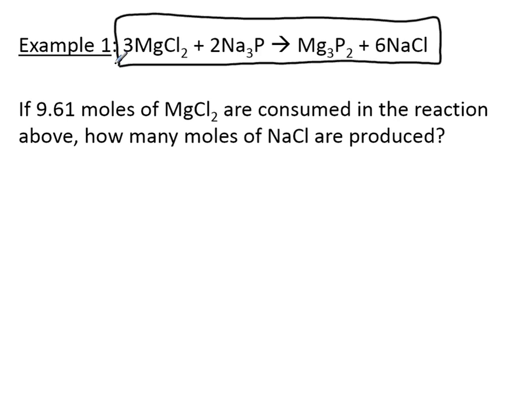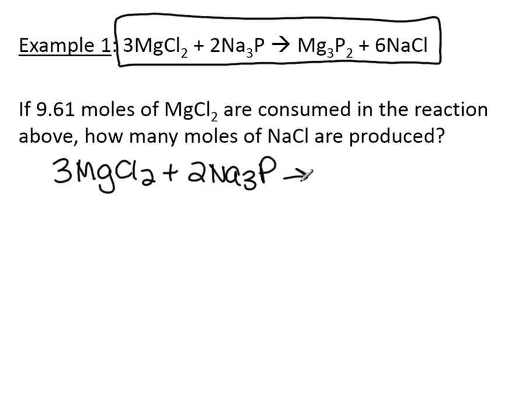This question says, if 9.61 moles of magnesium chloride are consumed in the reaction, how many moles of sodium chloride are produced? So let's rewrite our balanced equation, which is something I always like to do. So we've got it handy here. Make some references to it.